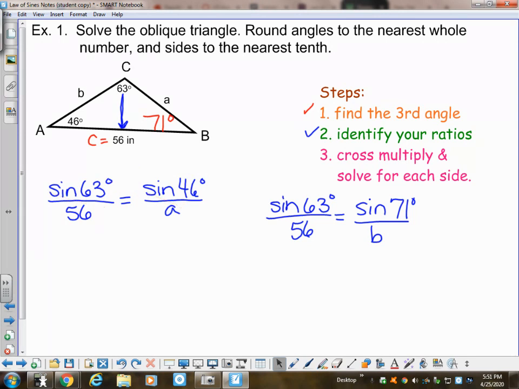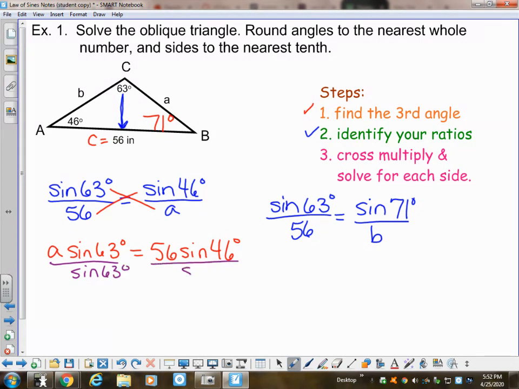I'm just going to do crisscross. So little a times sine of 63 degrees is equal to 56 times sine of 46. That's cross multiply. Then to solve for a, we're going to divide both sides by sine of 63 degrees.